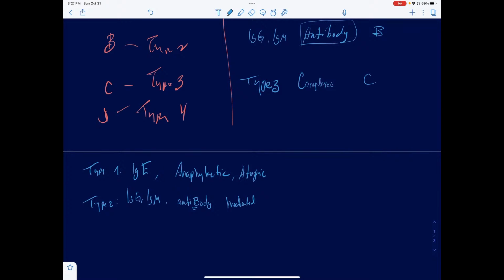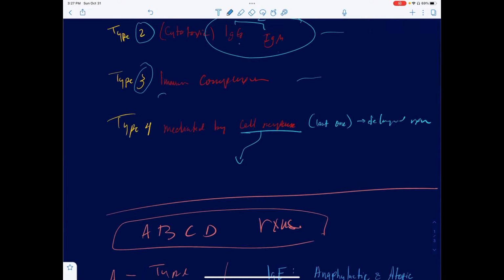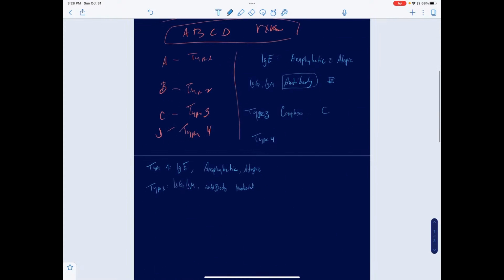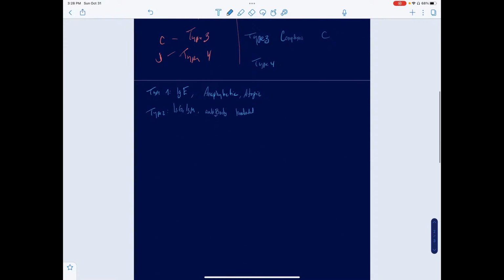Letter C. And the letter D, here in this case is for type 4, and it is the last one. And the last one of the first 4 letters of the alphabet is D, and this is a delayed response hypersensitivity. This is just to mention each of these types of reactions.